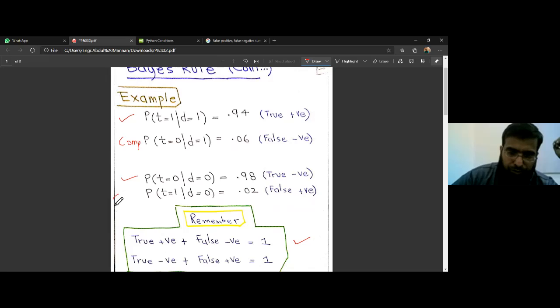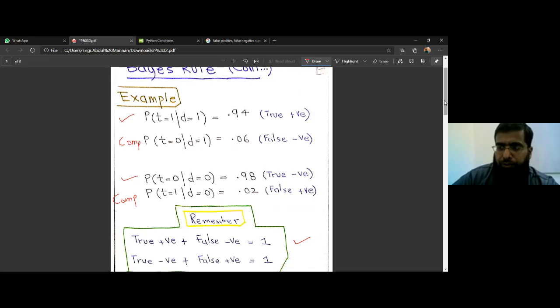We computed false negative by subtracting 0.94 from 1, and we subtracted 0.98 from 1 and computed false positive.